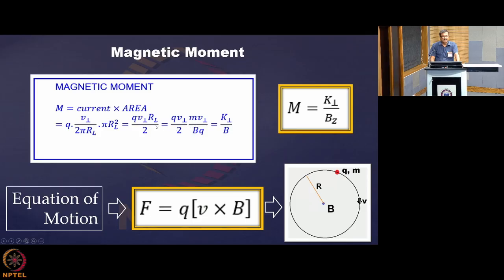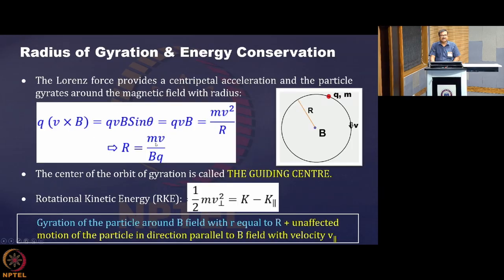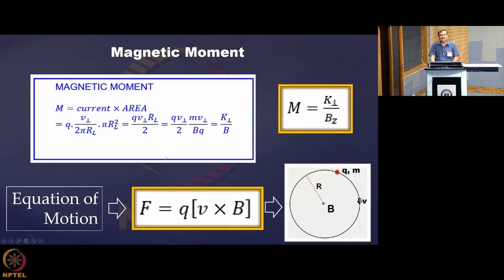And this R_L we already got earlier, equal to m v perpendicular by B q, where B is B_z basically. So we just put that value in for R_L, m v perpendicular by B q, and what we are getting is half m v perpendicular squared, and q gets cancelled. So what you get is K perpendicular by B_z.